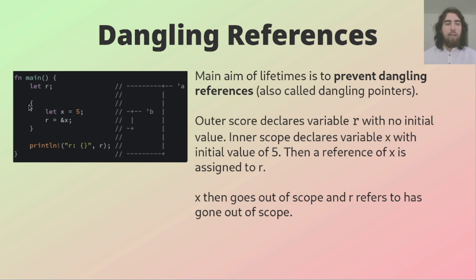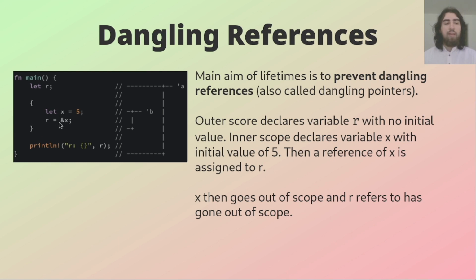Then over here we have an inner scope. In this scope, we are initializing variable x with a value of 5. So the compiler will annotate this variable to be of lifetime 'b. And as you can see, lifetime 'b is only valid until the end of this scope.